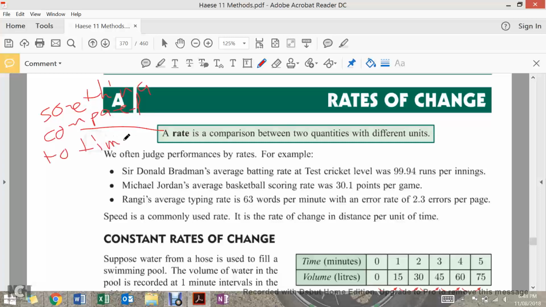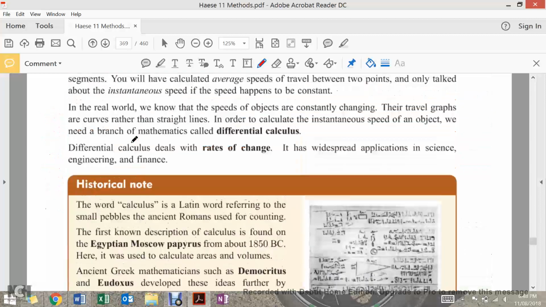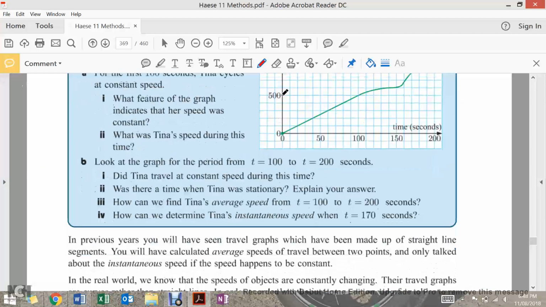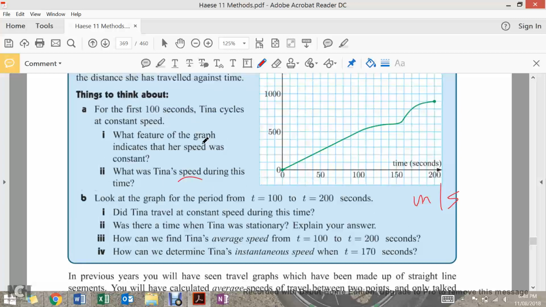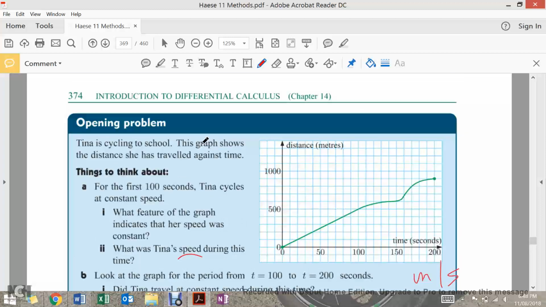So for example, the speed in this scenario up here would have been in metres per second. How many metres has she travelled compared with the time she's taken to travel that distance? So speed is the rate at which you cover a distance.